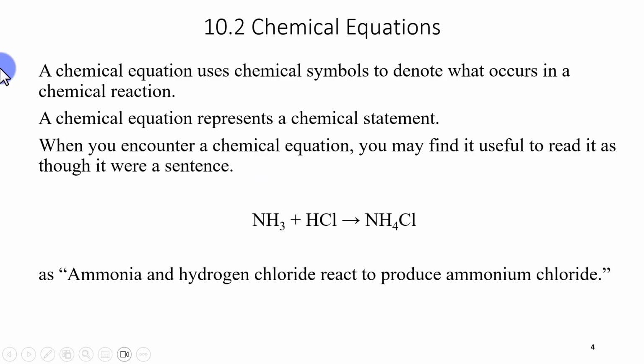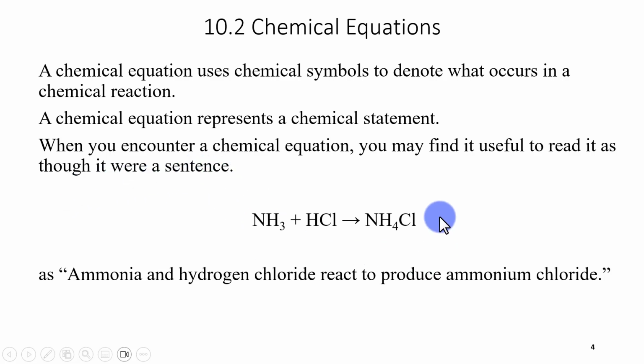Okay. In a chemical equation, we use chemical symbols to write the process of the chemical reaction. So what is happening in the chemical reaction? The chemical equation represents a chemical statement. I just mentioned that we use these chemical equations as words in a sentence.